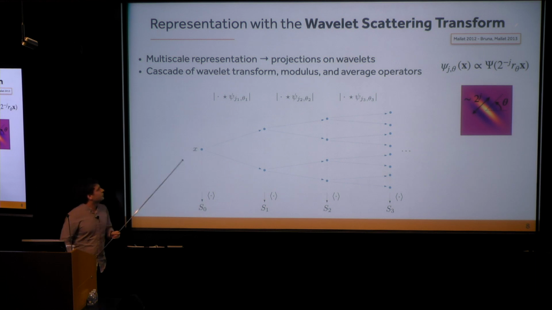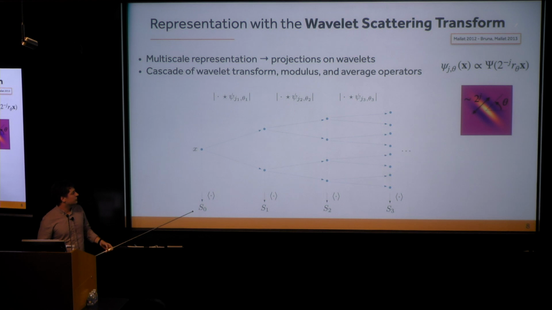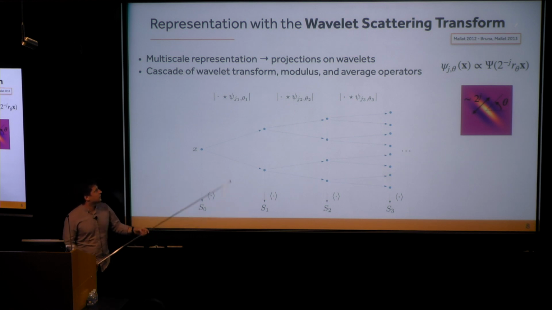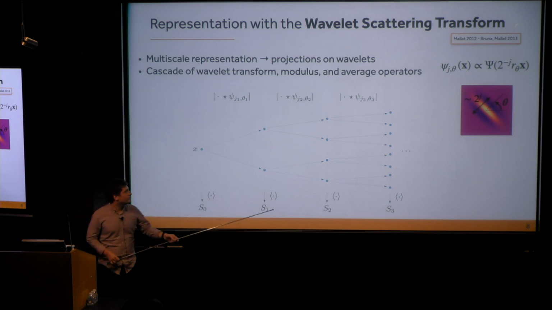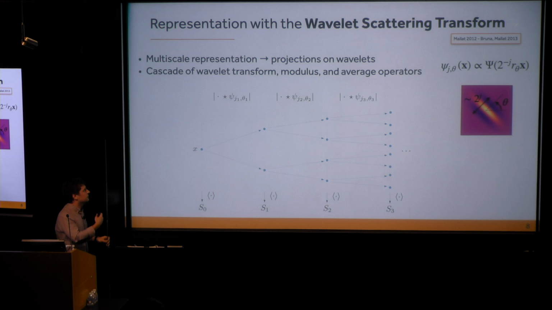You compute coefficients at each layer of operation you apply on your input x. You can compute just the mean of your field x. But you can also compute the S1 coefficients, which are the mean of the modulus of the wavelet transform of your signal, or S2 coefficients, which involve two successive convolutions with wavelets.